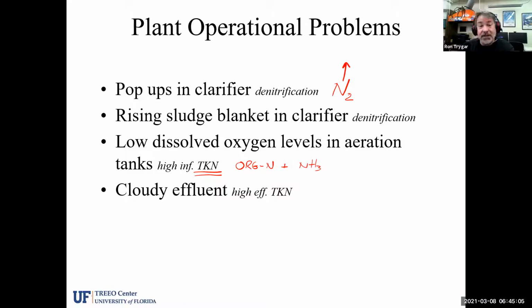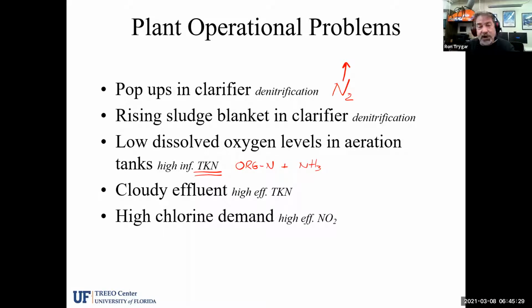So we could have cloudy effluent leaving through the clarifiers and out into the effluent from high effluent TKN. We would measure the TKN going out and find that we still have some ammonia or organic nitrogen left in the effluent, and it's flowing out into the environment. So that could cause some effluent cloudiness or turbidity issues.